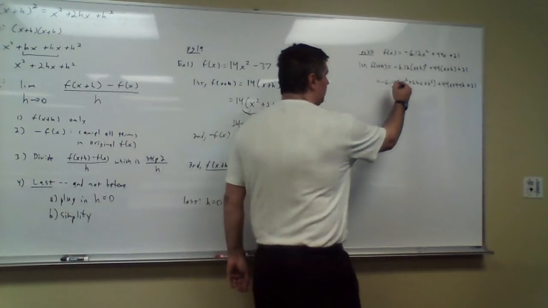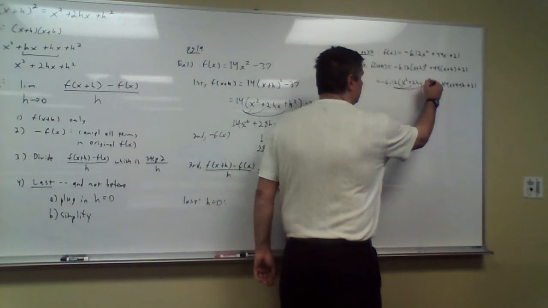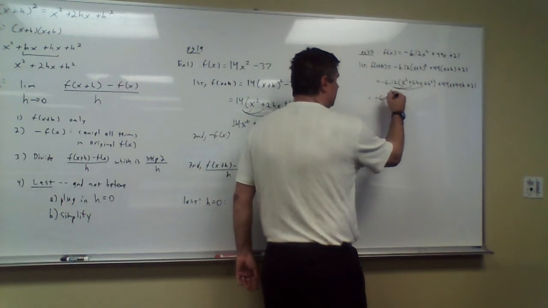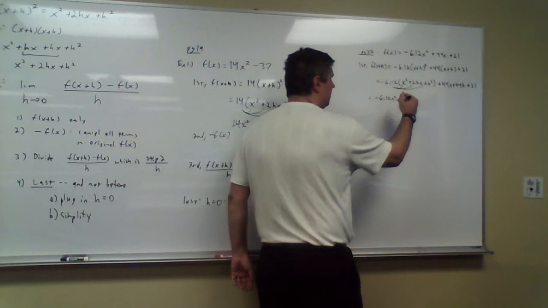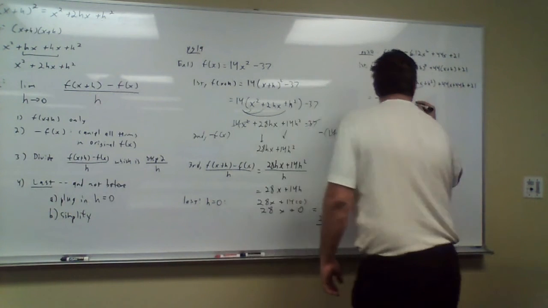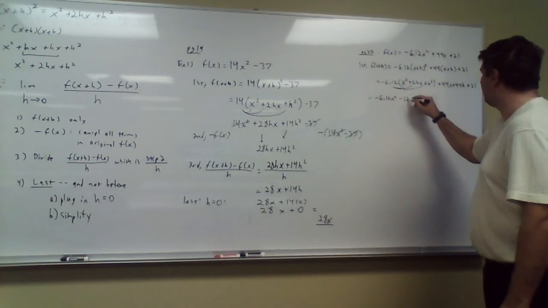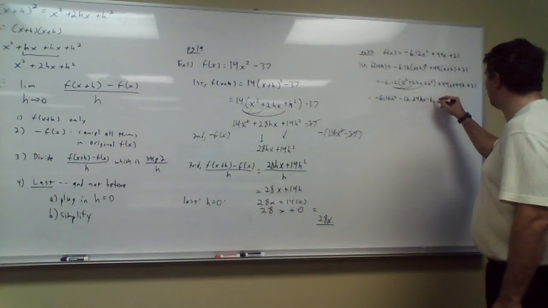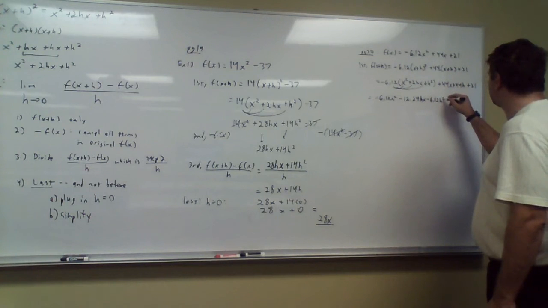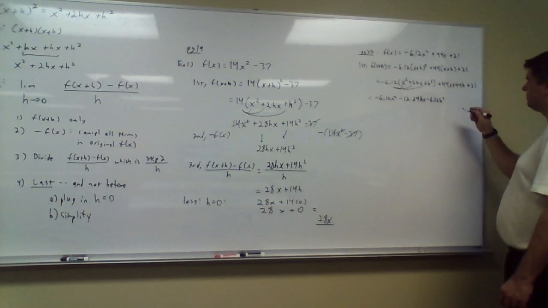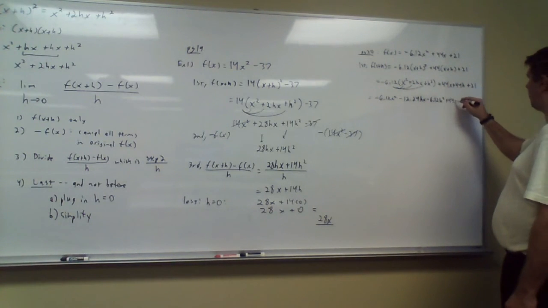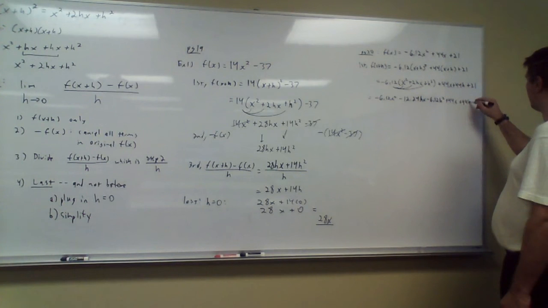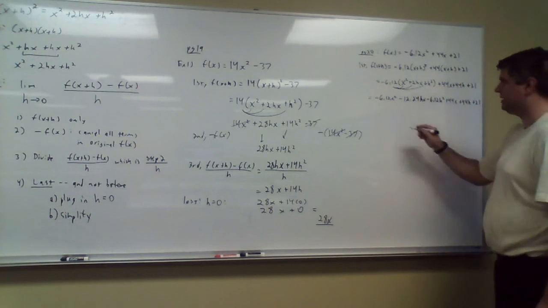When I distribute these, this is going to be negative 6.12x squared minus 12.24hx minus 6.12h squared plus 44x plus 44h plus 21.